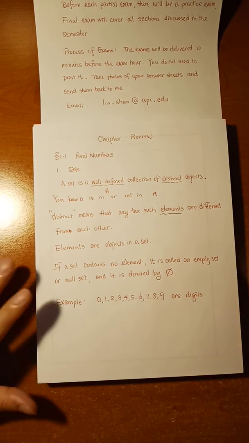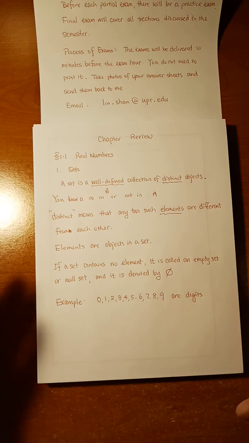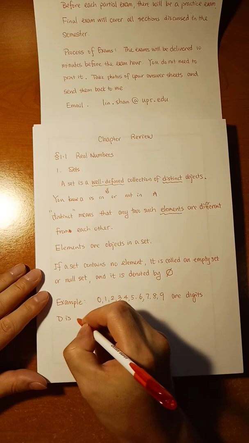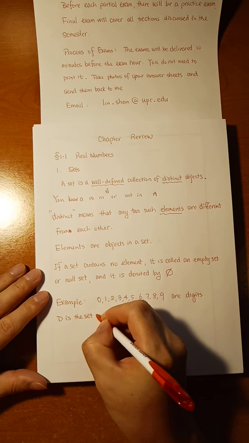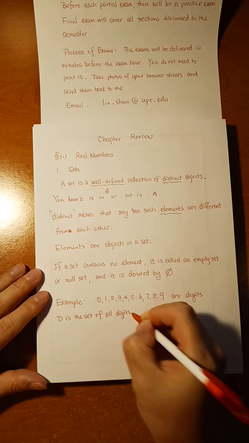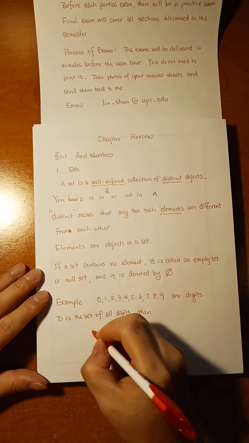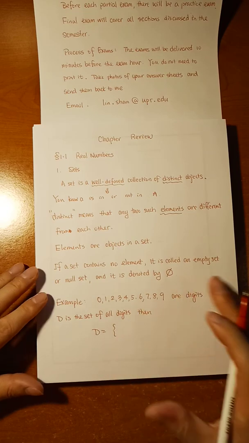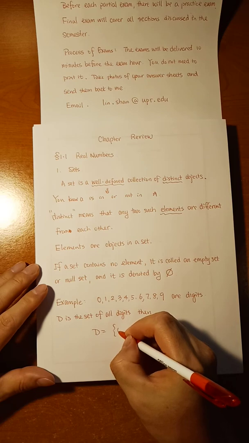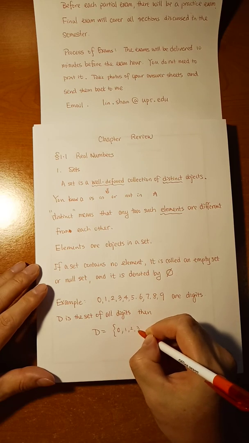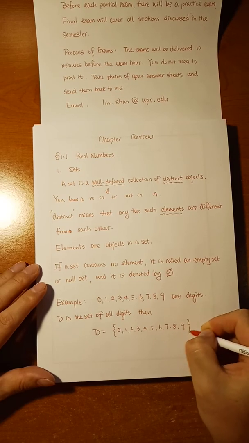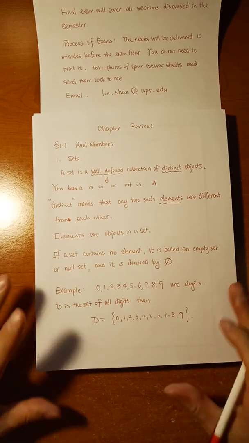And if we want to represent the set of all digits, D is a set of all digits, then D can be written using braces, and you put 0, 1, 2, 3, 4, 5, 6, 7, 8, 9 inside a pair of braces.